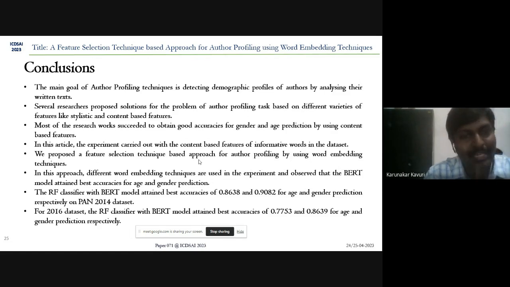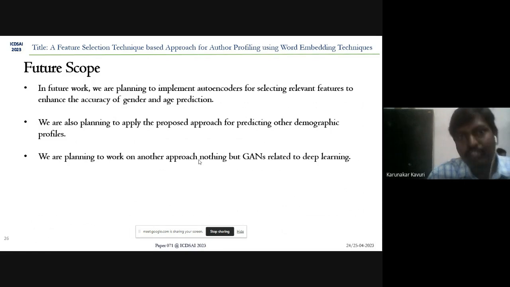That is the new technique actually. Future scope: in future I am planning to work with auto encoders for selecting the features, as well as some deep learning techniques like GANs for classification purpose. So my work can be moved forward by using deep learning techniques.